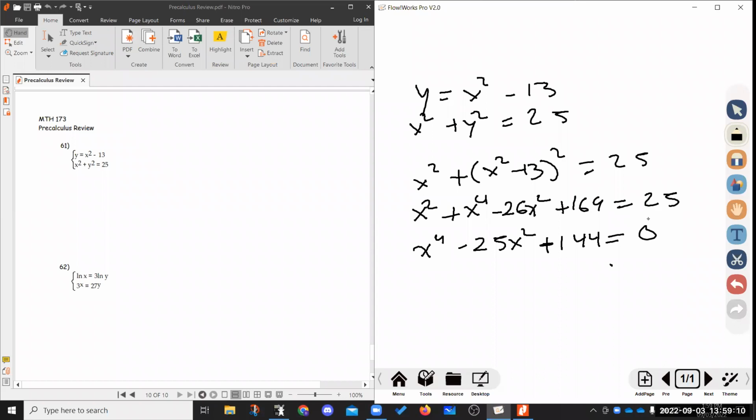It's not a perfect square trinomial. Do I have factors of 144 that add up to give me negative 25? I don't think so, but let's check that out. Factors of 144: 1 and 144, 2 and 72, 3 and 48, 4 and 36, 6 and 24, not 7, 8 and 18.